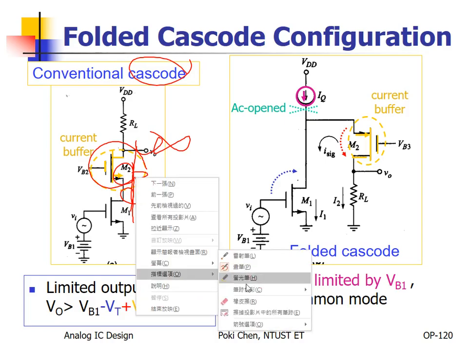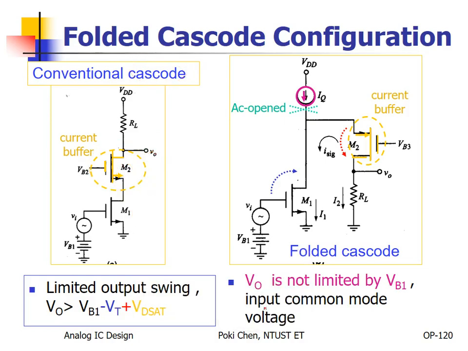Anyway, from the beginning, I explained again and again, right? Input voltage is converted into output current by M1, and then delivered by your current buffer perfectly to the output. See? That is the two major mechanisms for such kind of cascade circuit.